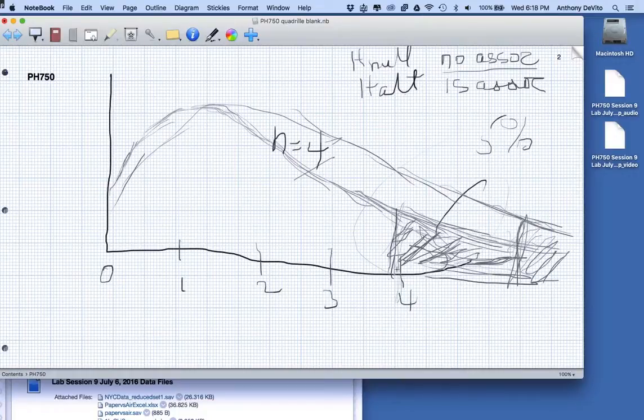So I need to know what number that chi-square has to be. Chi-square is represented by chi, which is kind of like a capital X as a Greek letter, right? I want to know what number chi-square has to be for me to know that there's only less than 5% chance I would get that big a difference between the expected and the observed values, even if there were no association.